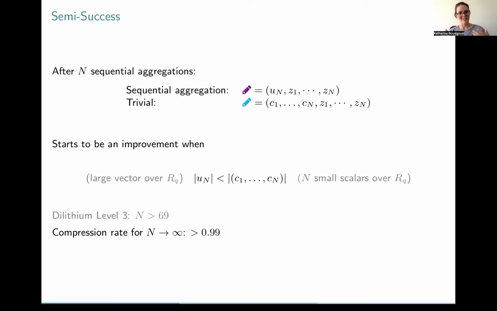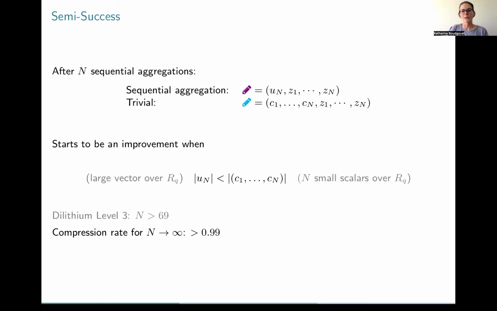And now, why is it just a semi-success? Well, if you look at the numbers, then the situation is that the sequential aggregation will only have one U part and then the responses. And the trivial solution will have n challenges and the same responses. And of course, there will be some point where our sequential aggregation will be smaller than the trivial concatenation. And this will be roughly reached with like 70 signatures.